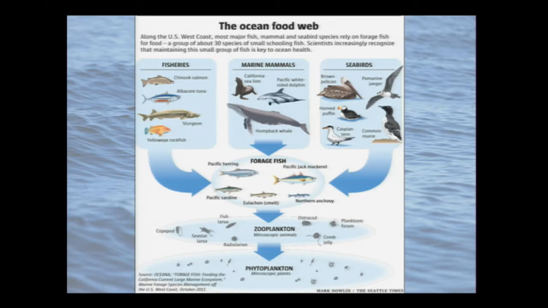This schematic, actually from the Seattle Times, is a really nice general example of oceanic food web structure. At the top are upper trophic level predators that feed on small or mid-level fishes. Those fishes in turn feed on zooplankton, and zooplankton typically feed on phytoplankton.